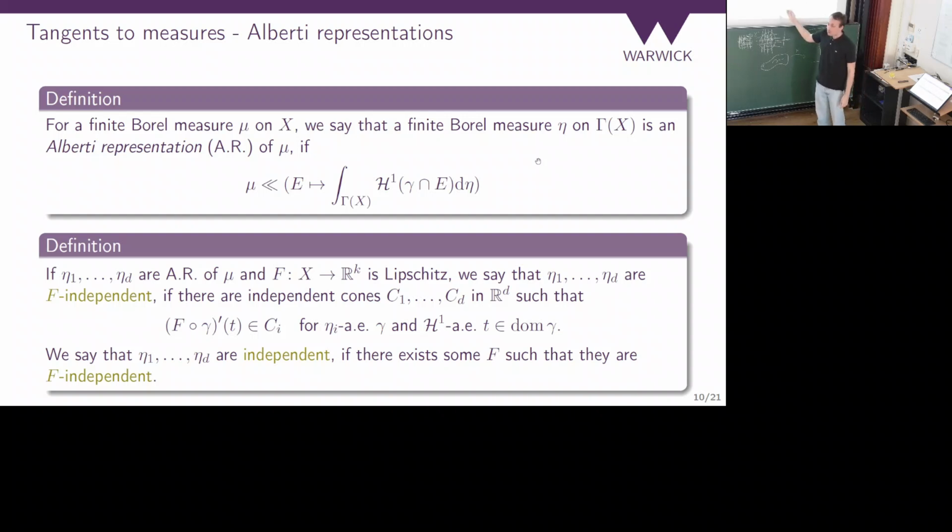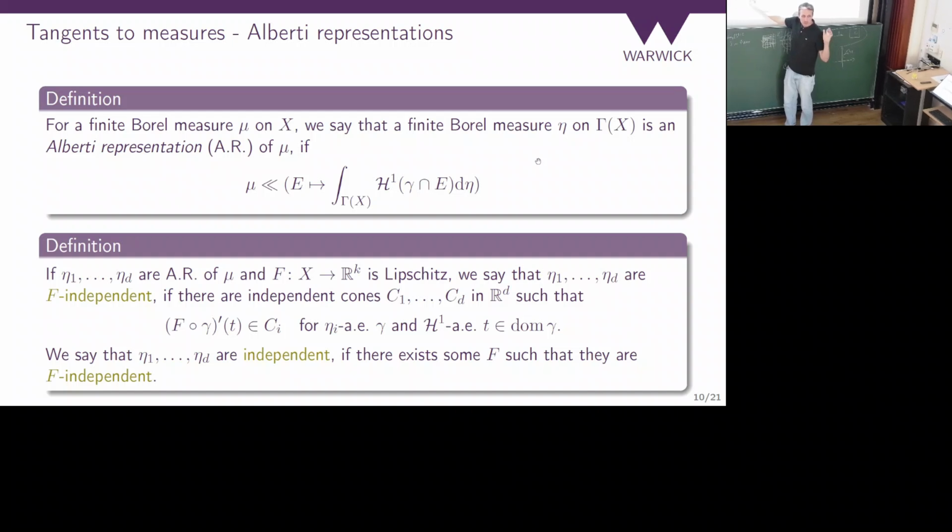So C1 corresponds to eta1, C2 corresponds to eta2, etc. And then what happens is that if I look at the direction of gamma with respect to F, I need to stay in the cone Ci for eta i almost every gamma. So now I'm not working with every gamma, but only with every gamma inside the Alberti representation.